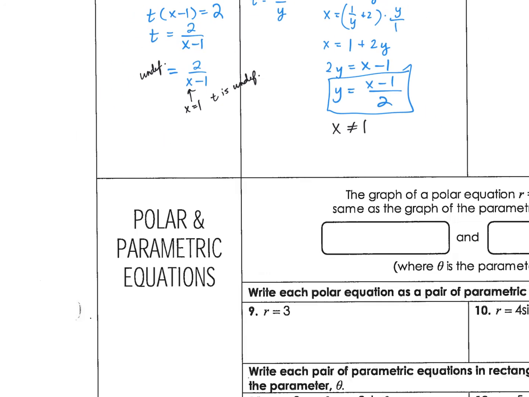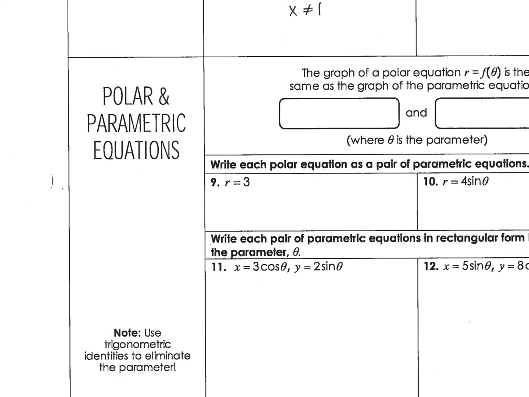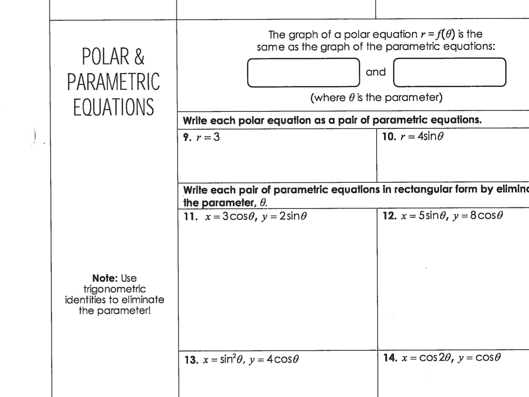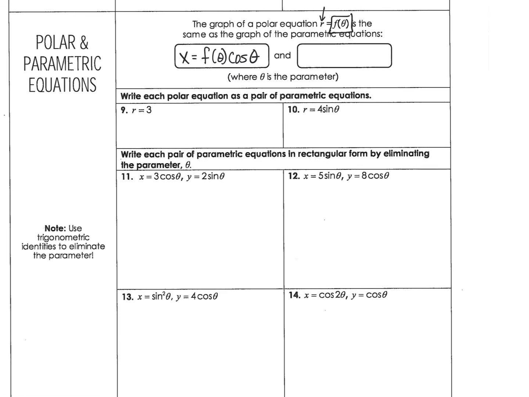Now we need to finish this up. Polar and parametric equations. Guess what x is equal to? Does this look familiar? Guess what f of theta is? The radius, which is the magnitude, isn't it? So it is the magnitude times cosine.